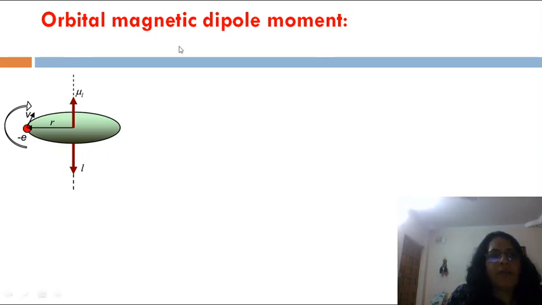Now observe the figure which I have shown here. This figure indicates that the electron is revolving in a certain orbit. You know the electron has a charge, and when it is moving, it acts as a current loop.